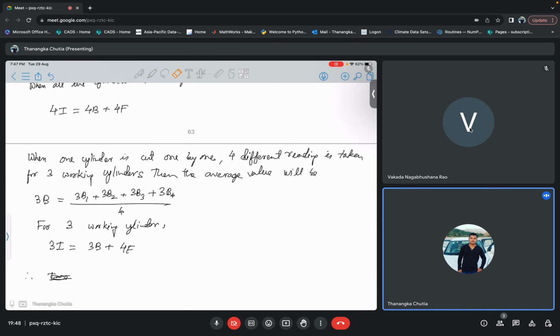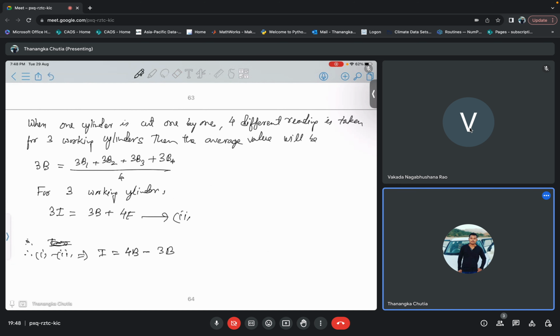If I name this as equation 1 and this as equation 2, then equation 1 minus equation 2 gives I equals 4B minus 3B. Therefore 4I is equal to 4 into (4B minus 3B).